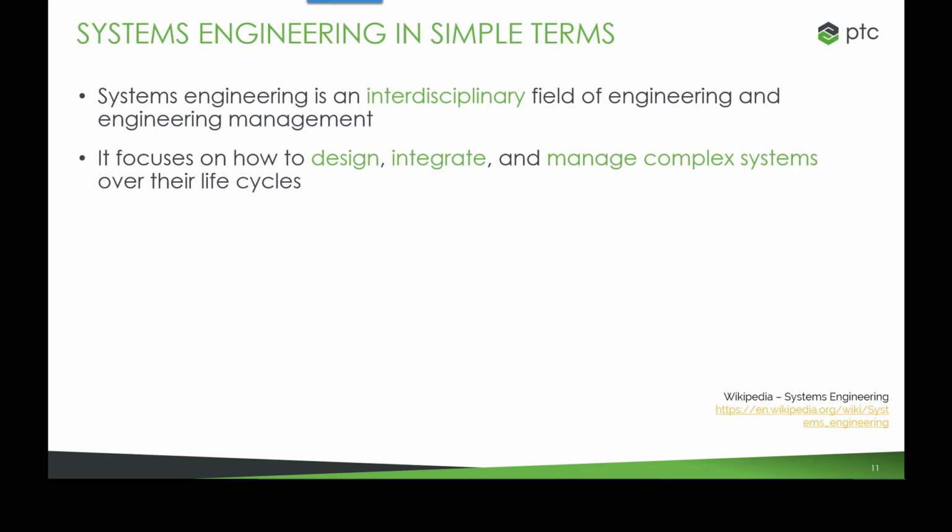And it also looks to combine the management of those engineering disciplines. So it really does try to bring everything together in terms of the different efforts needed for overall product development. The goal is to design, integrate, and manage complex systems over their life cycle.